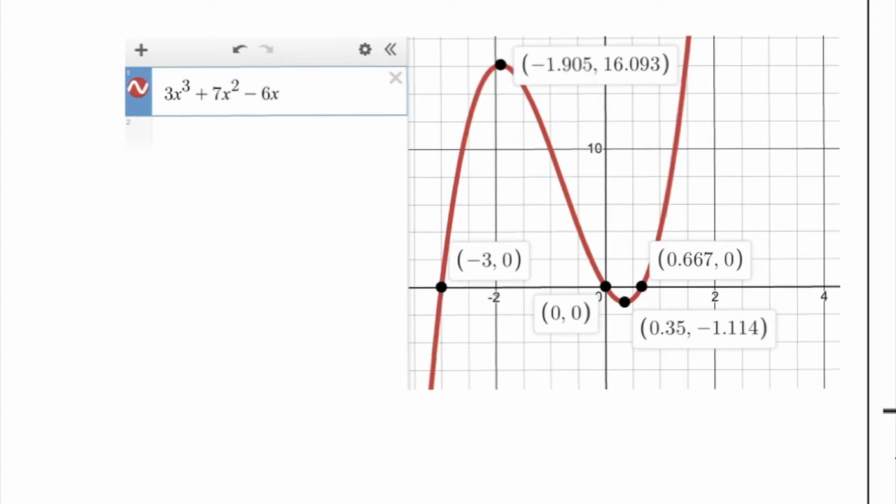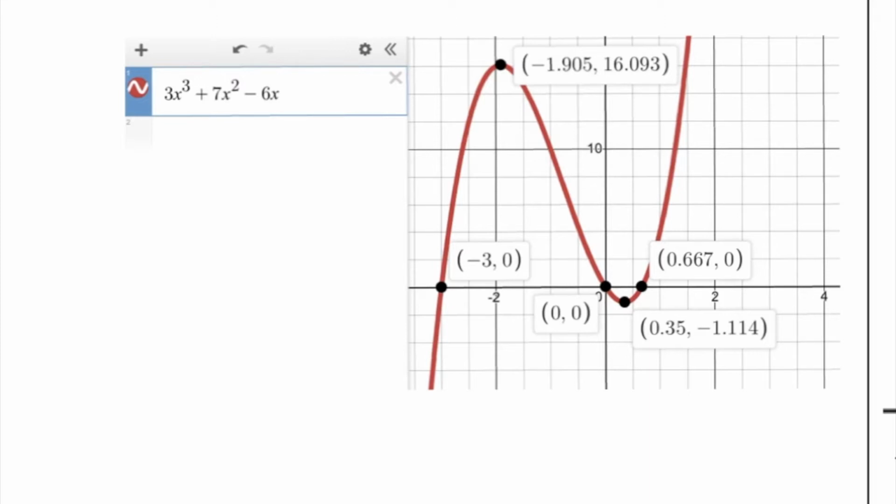In Desmos, it will give you specific points at the x-intercepts, y-intercepts, at maxes and mins, so places where the graph changes direction, as well as if you've got two equations graphed on the same graph space, it'll show you where two graphs intersect.